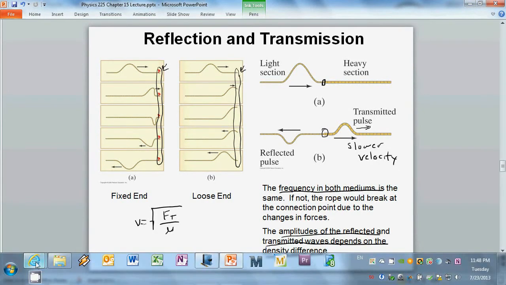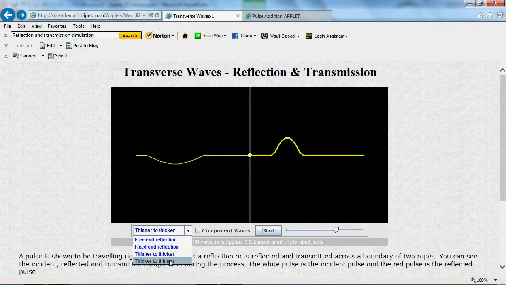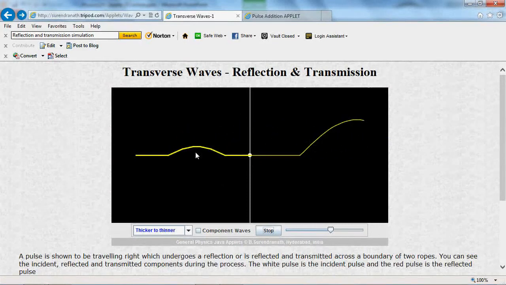Now there's one other option that's not in the notes, but we can look at what happens when you go from a thicker to a thinner cord. Here you notice that you do get the transmitted wave, but both of them are in the same orientation.